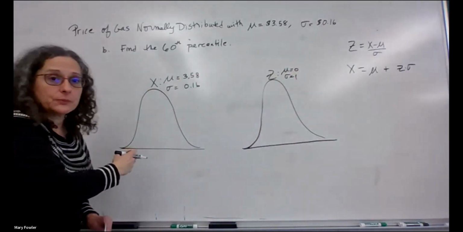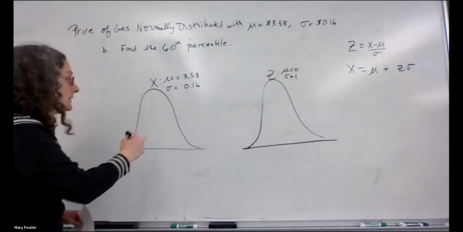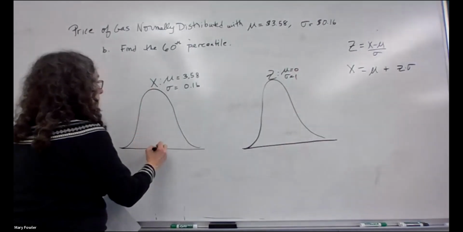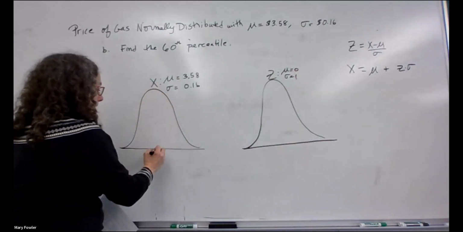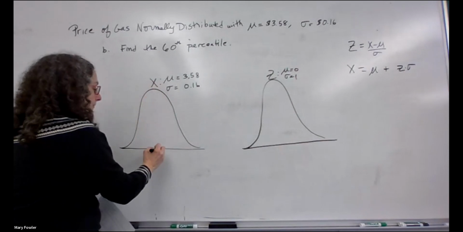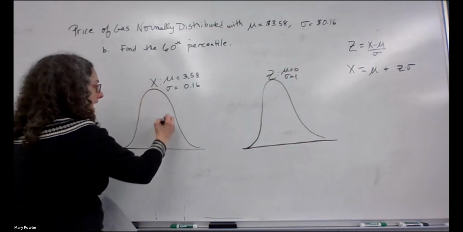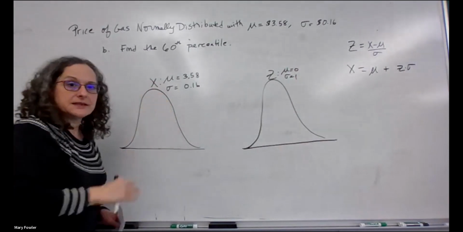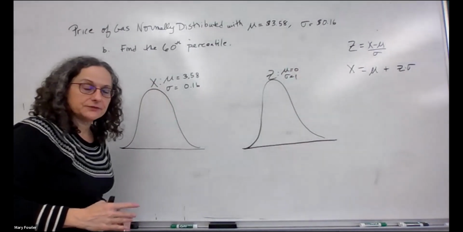I'm going to draw a picture of the problem here on the left bell. We are looking for that value of x that has the property that 60% of the area is to the left of it.